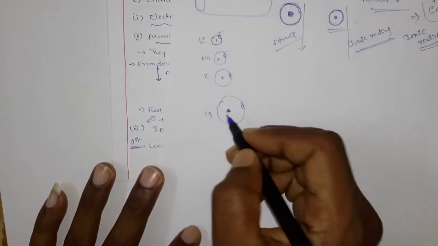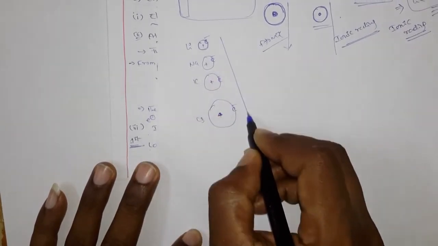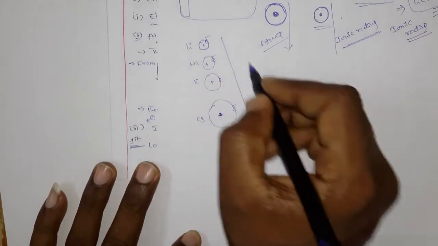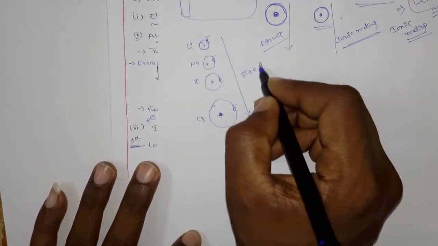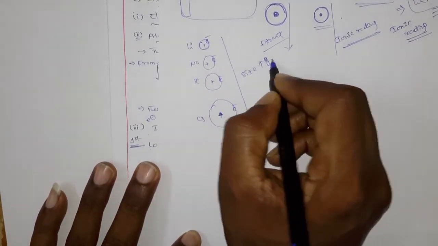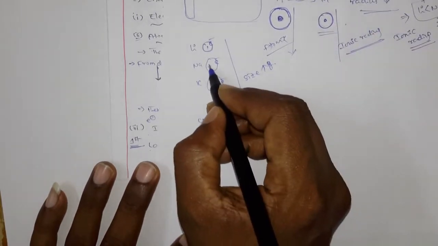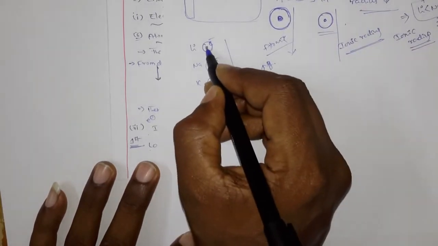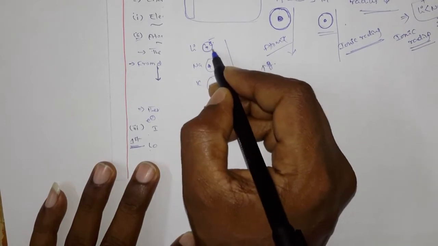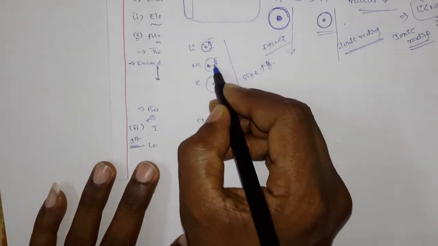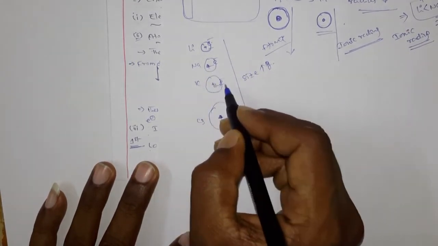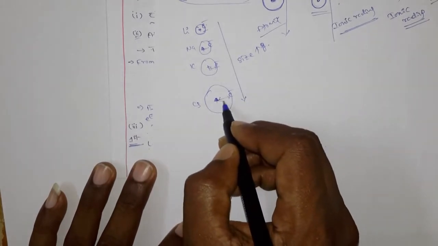From top to bottom, the size is increasing. So you see the distance from the positive charge to the negative charge is less here, a little bit bigger here, again a little bit bigger here, and very high here.